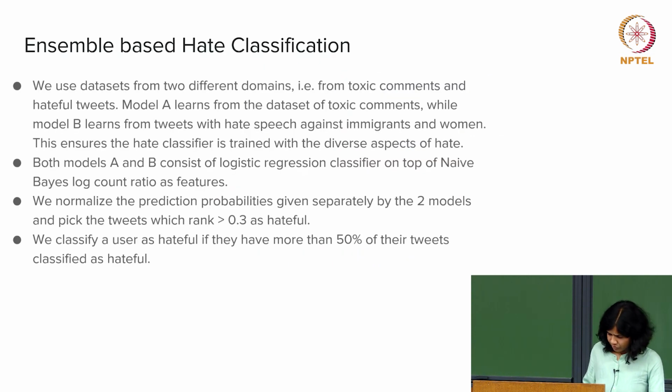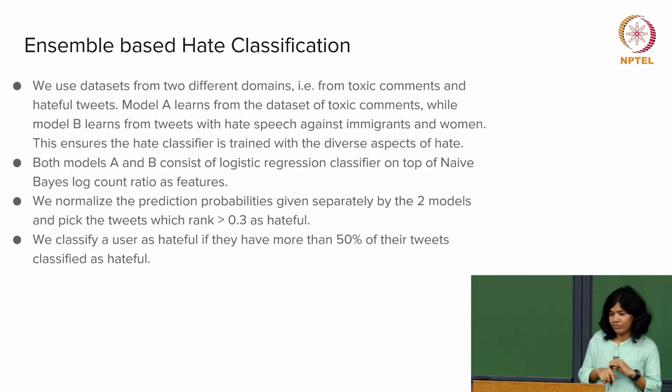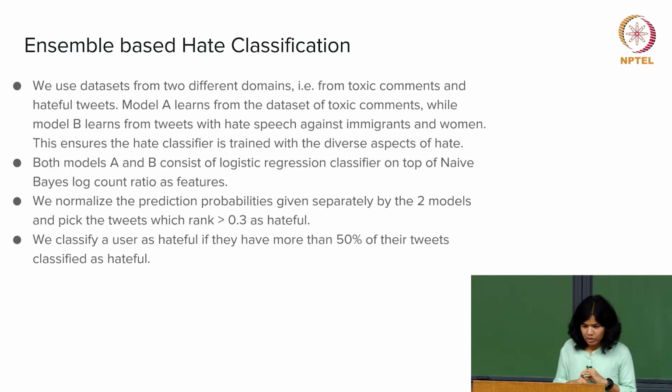So here, since there are 19 million tweets, we have used two classifiers, two models which have learned. These models are trained on separate data which has labels, because this data didn't have labels. So there are two different ways of learning hateful content, and then we do the voting.